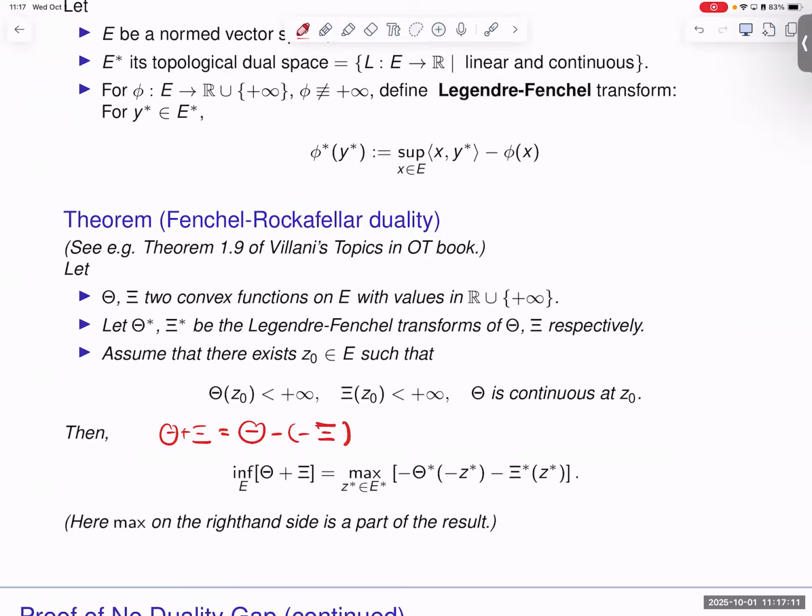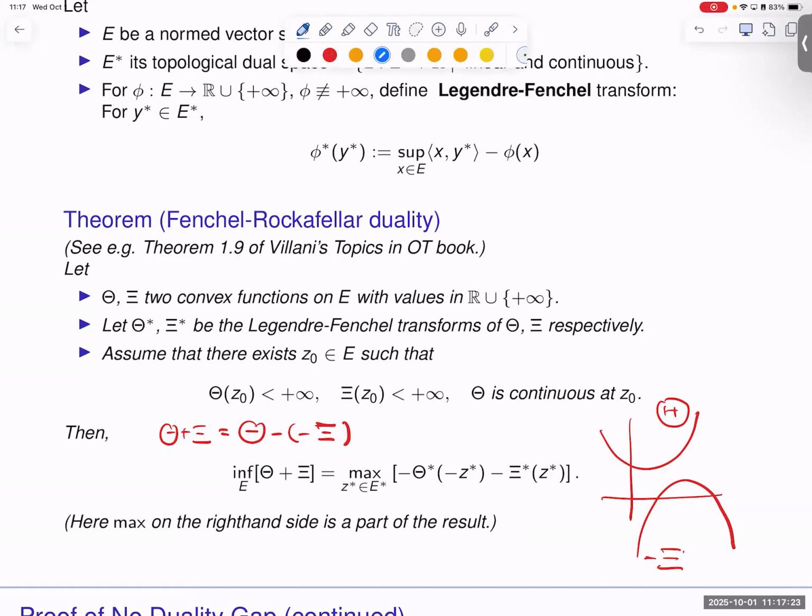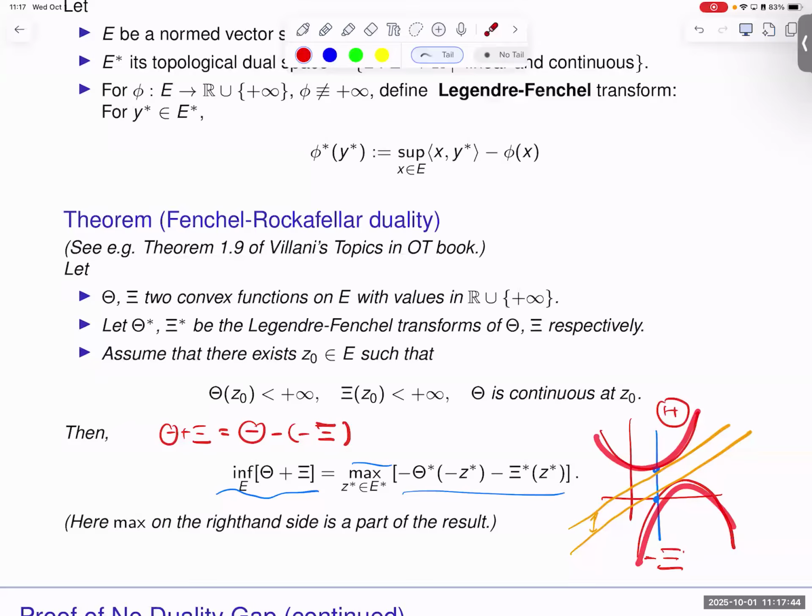So if you remember, we drew this picture that we have some convex function theta here, and negative psi is a concave function like this, and then this infimum is about the gap between these two functions, but this maximum is about the gap between the supporting linear functions to these convex and concave functions.